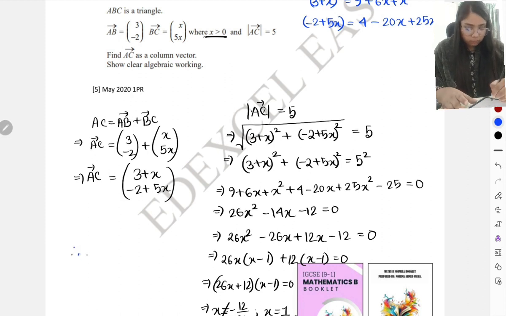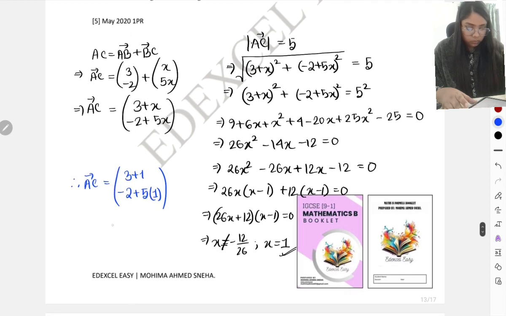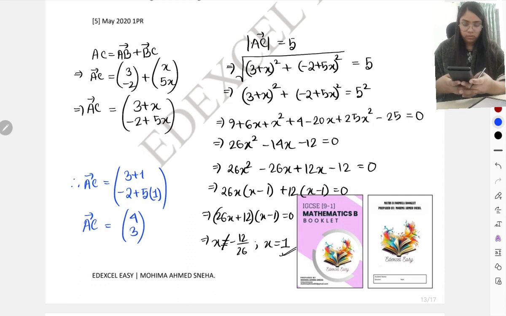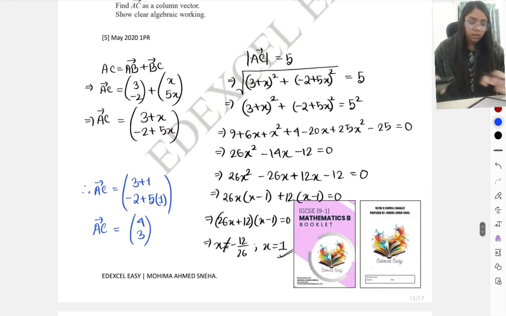So let's write it down for the last part, that in that case AC would be 3 plus 1 and minus 2 plus 5 multiplied with 1, which is going to be 4 and 3. That is the column vector. Right, so yeah, that is it.